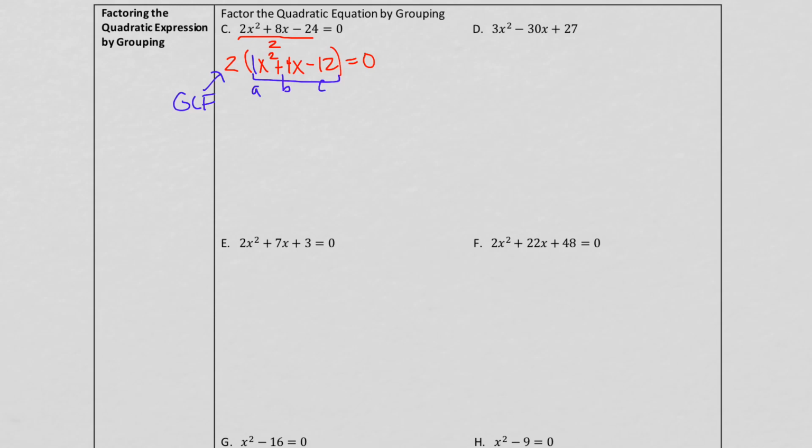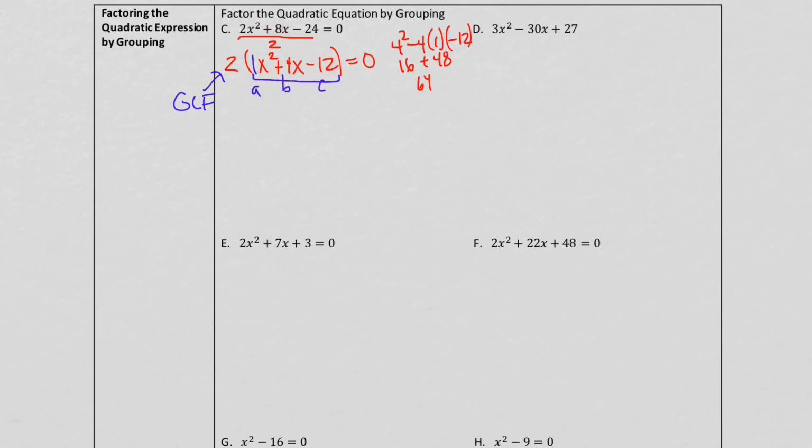B squared minus 4AC, and that's going to be 16 plus 48, which is 64. And because 64 is a perfect square, I know that this is going to be factorable, so I can proceed.